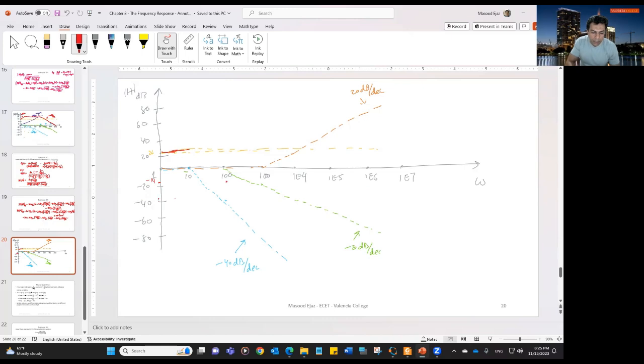And then negative 14 plus negative 54, at 1,000. It's going to start dropping.